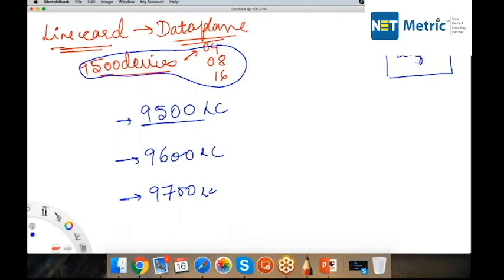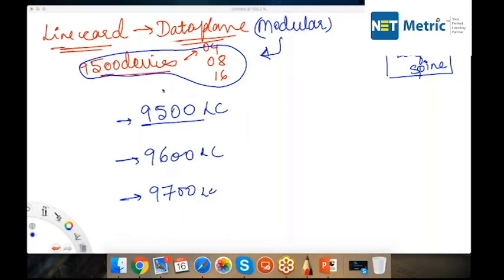So the different series of line cards are the 9500 series, this is the line card series I'm talking about, 9600 line card series, 9700 line card series. So there are mainly three series of line cards that are available for 9500 modular devices: 9500 line card, 9600 line card, and 9700 line card.